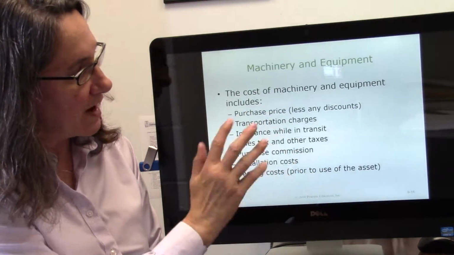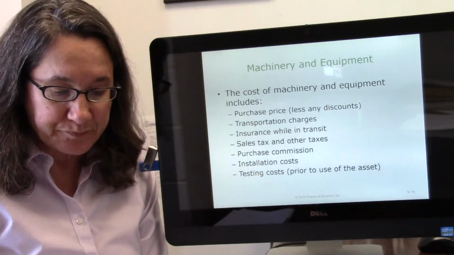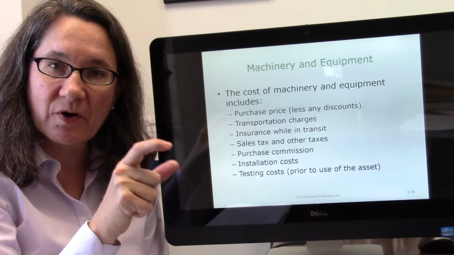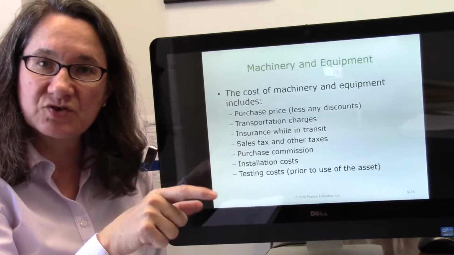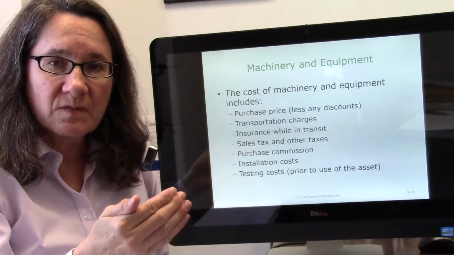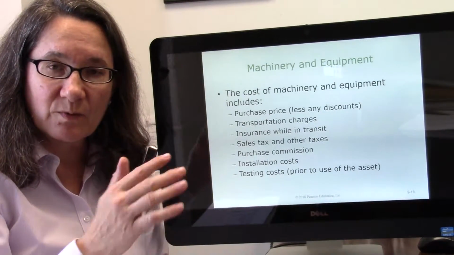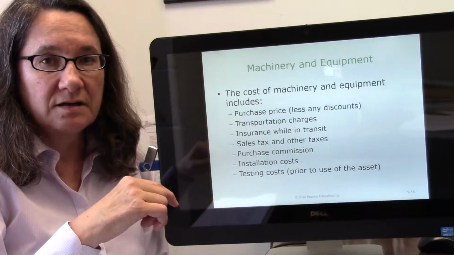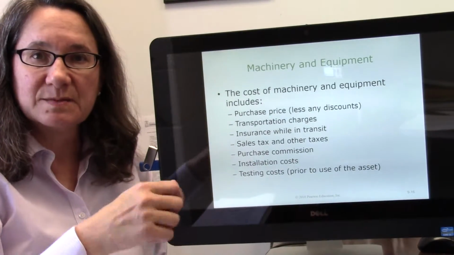So anytime you buy or build a machine, everything it takes to get it up and running, that becomes part of the cost of the machine. That's what you're going to depreciate. Now you're going to do some of those same things, right, after you get it up and running, but once you get it going, that equipment, that just becomes an expense, right?